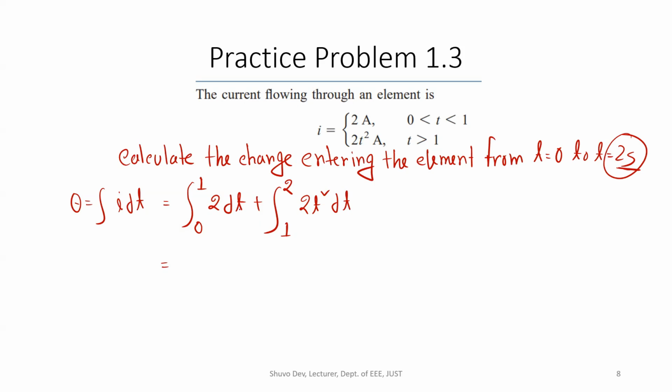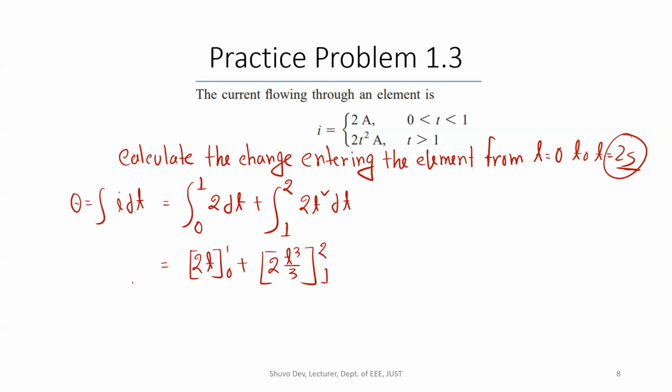This first line is very important, and it is a very simple integration. It will be 2t with limits 1 and 0, and similarly 2t cube by 3 with limits 2 and 1.